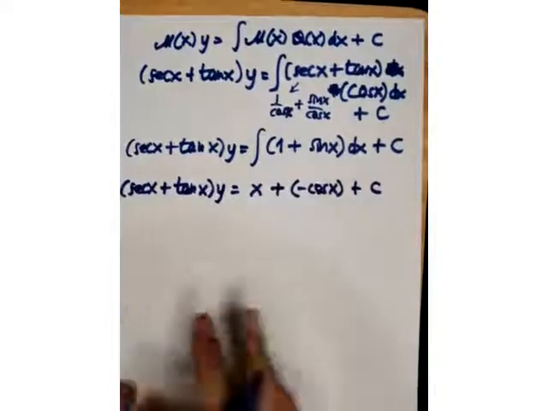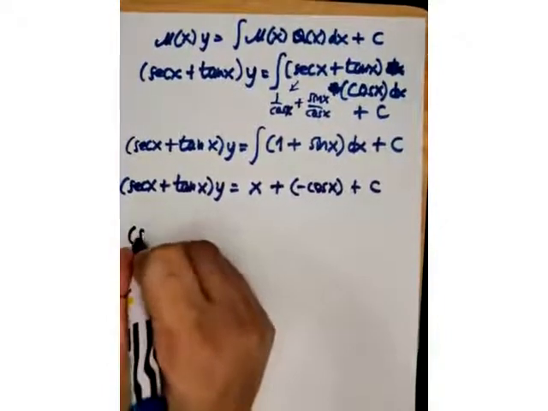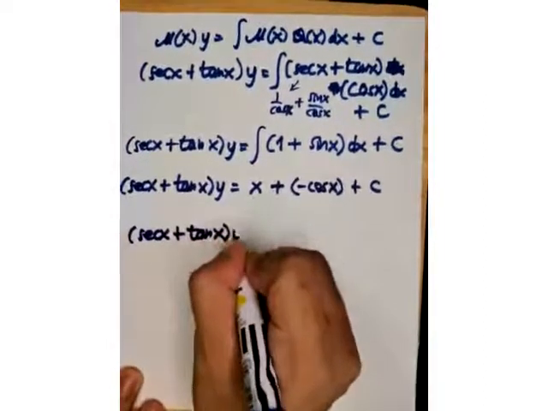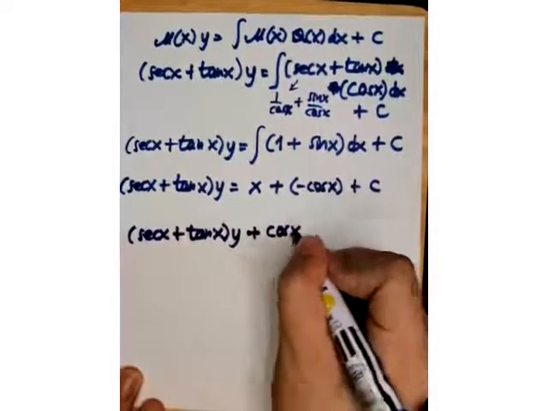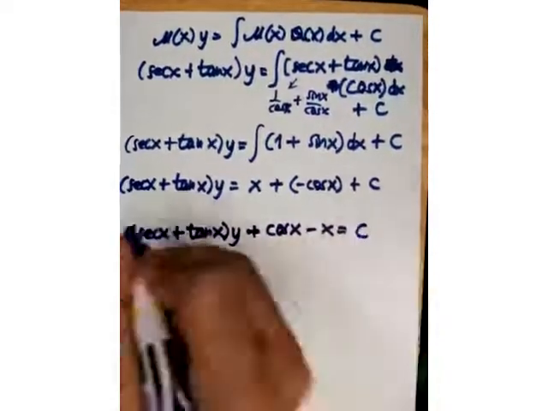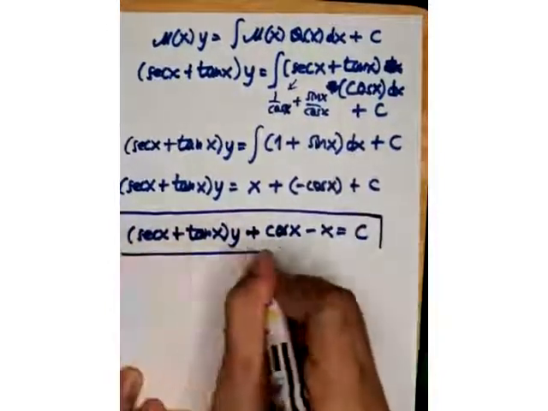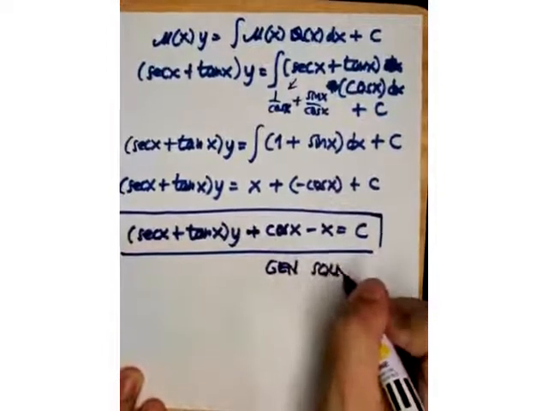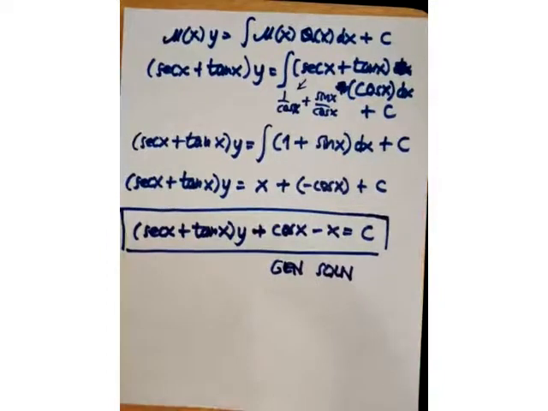And then we transpose everything to the left. So we'll have secant x plus tangent x times y plus cosine x minus x is equal to c. So this is our general solution. Ayan. Okay, so that's our general solution.